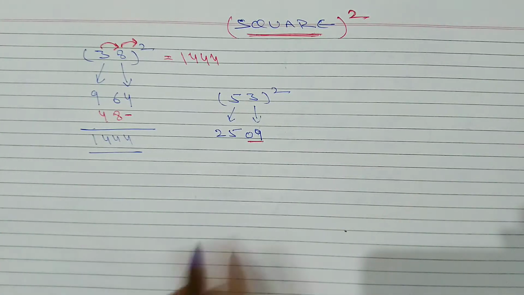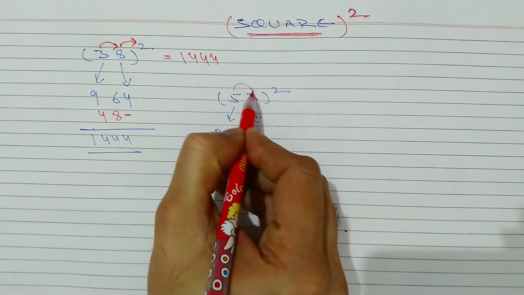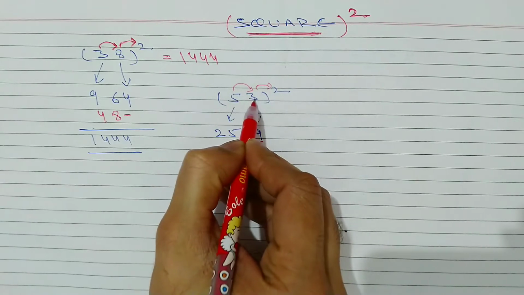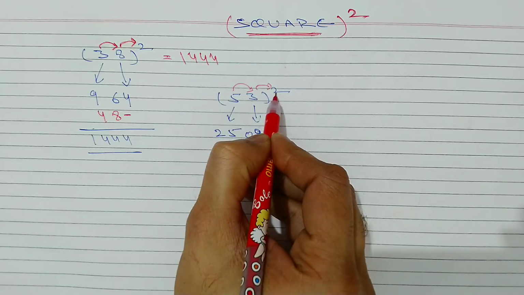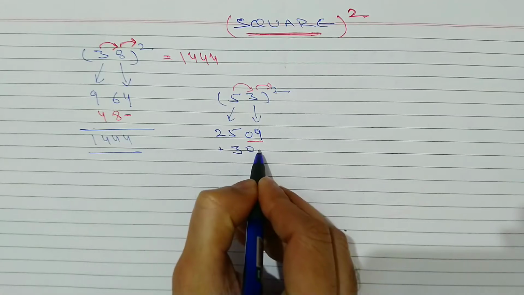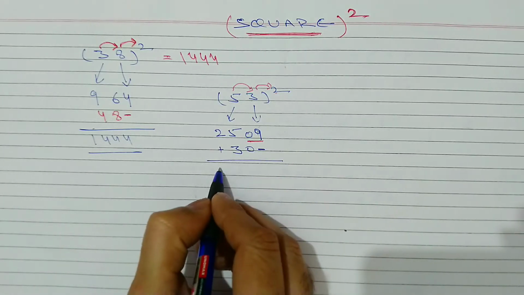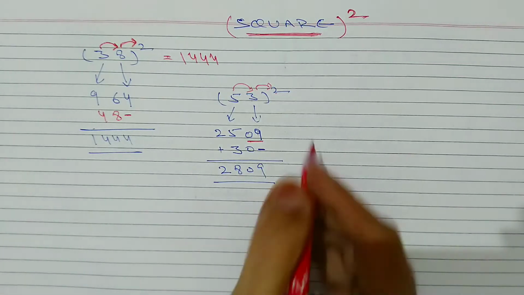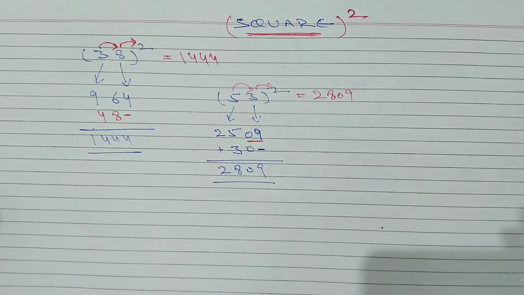Now 5 into 3, 15. 15 into 2, 30. So write 30 over here. Leave one digit from the right. We have 2809. So the square of 53 is 2809.